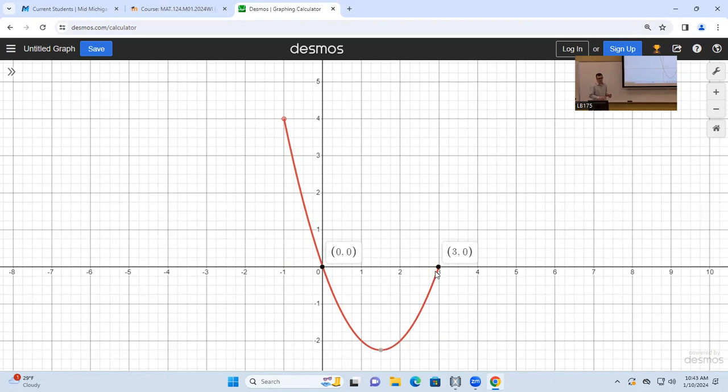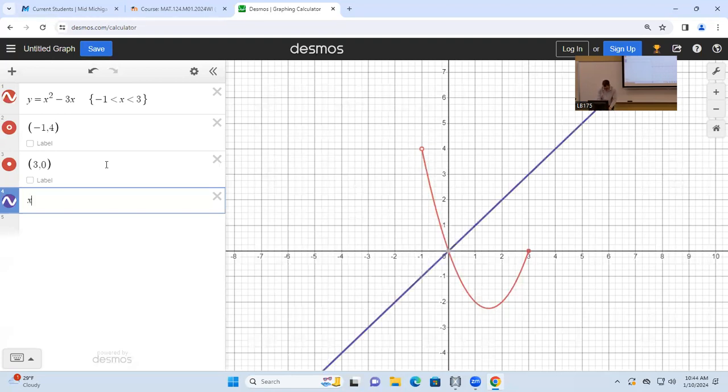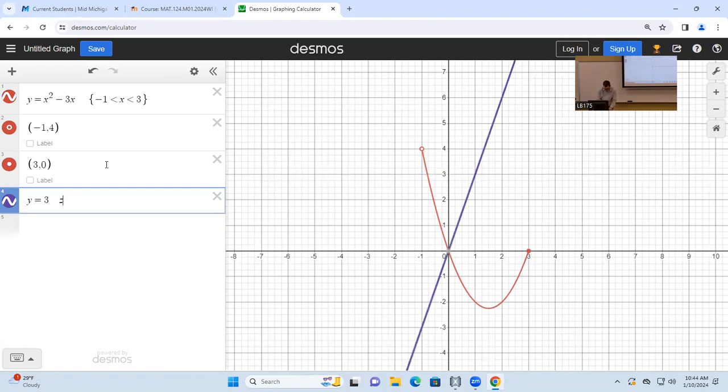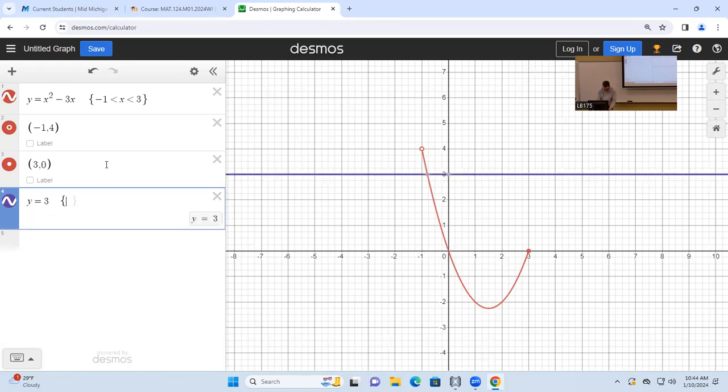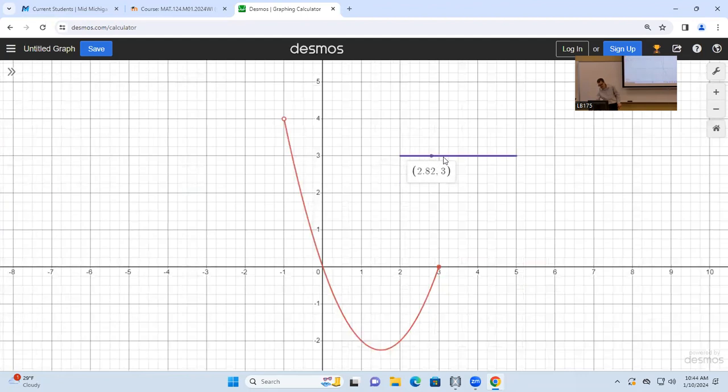A constant graph is one that looks like that, right?